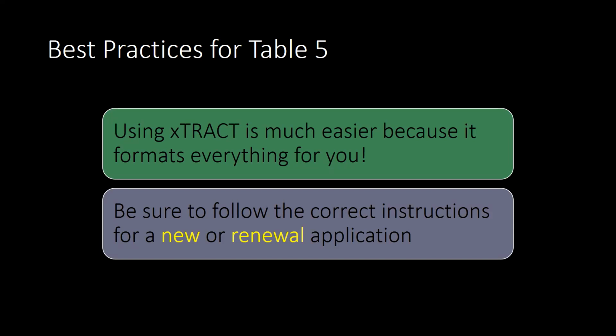I would just not put them on that list. The reason is that you can cherry-pick with a new application. You don't have to put them on there. It's optional. If it's a renewal application, you have no choice, because you have to list the trainees that were actually appointed to the training grant.